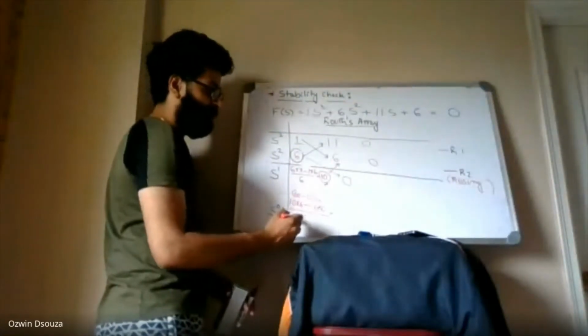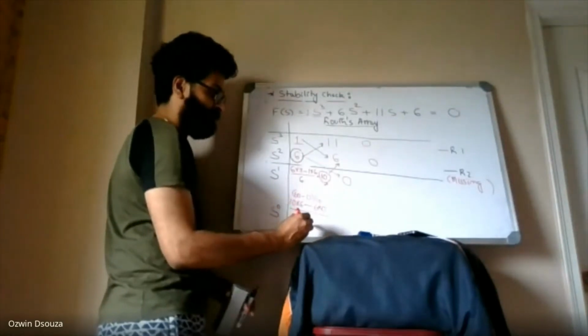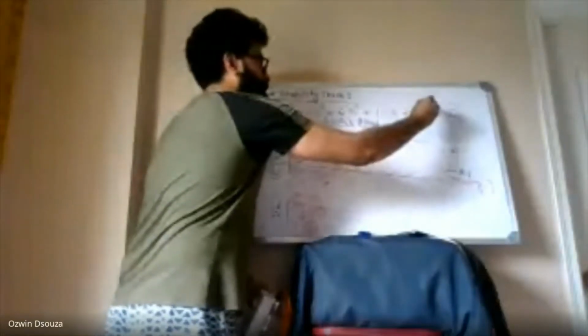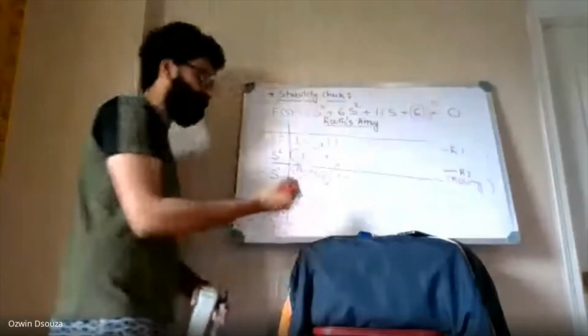So 60 by 10 is 6. You should get the coefficient of s to the power 0 as 6. Just check here: this is s to the power 0, and the corresponding coefficient is 6. So this is the cross check, and you can say that you have carried out the multiplication properly. So this is your Routh's table.